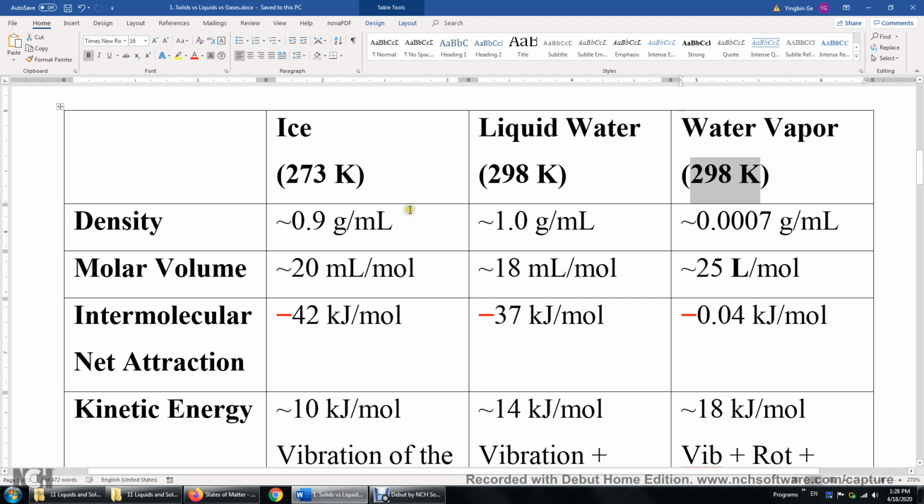Let's look at their density values. The density of ice is roughly 0.9 gram per milliliter. The density of liquid water is a little higher, it's 1.0.